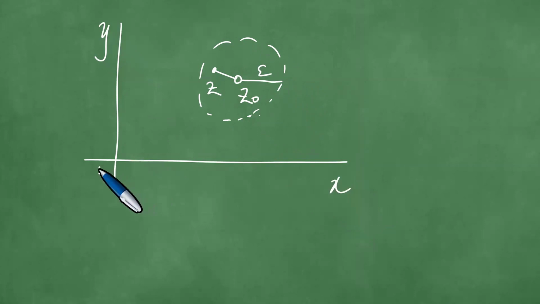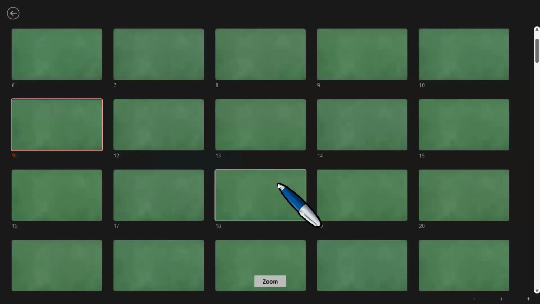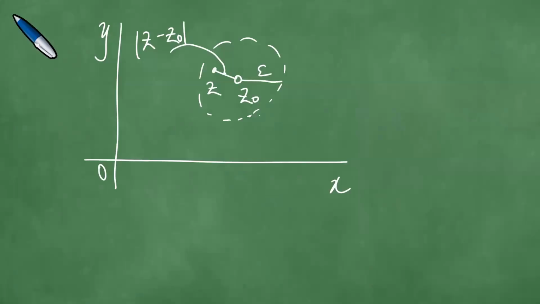Obviously, we agree that this describes the distance between Z and Z0.